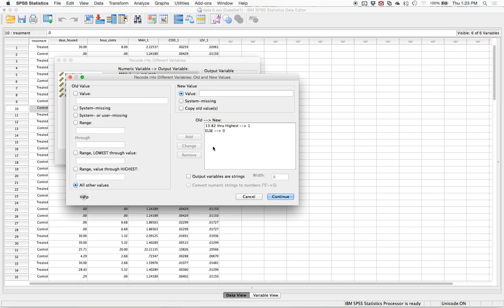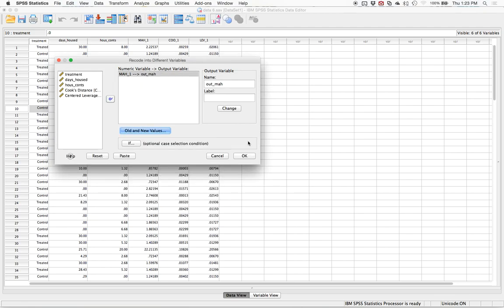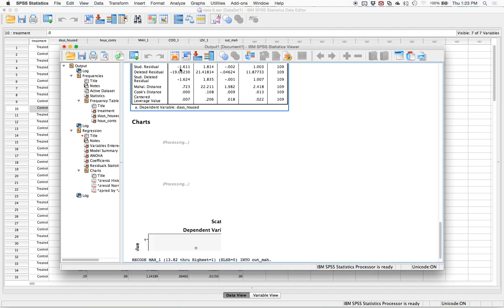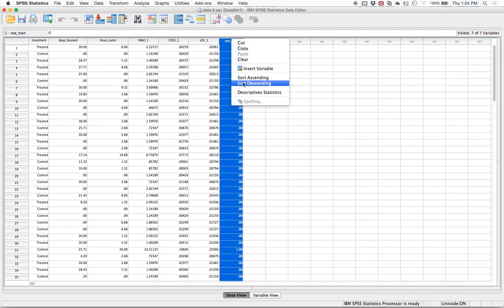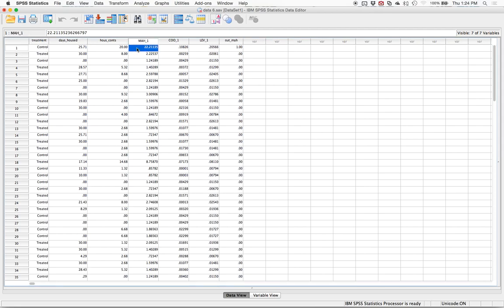And then add. And that codes everybody as 0 is not outlier, 1 is outlier. Continue, and okay. So what that did is it put that one outlier there at the top. Okay, so they're the only person whose score is above my cutoff.